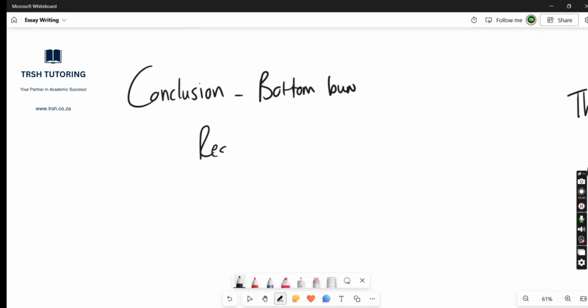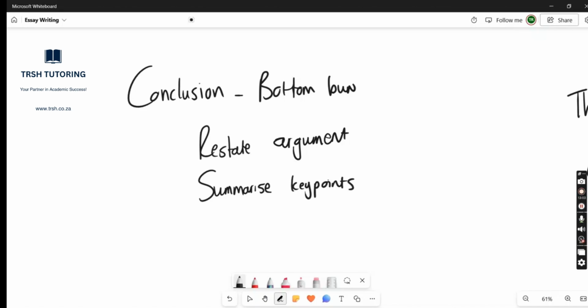You need to restate why you wrote about the fact that schools should make sports compulsory. Restate argument, summarize key points, and have a strong final statement. That is the structure that you need to use when you get to the bottom bun.